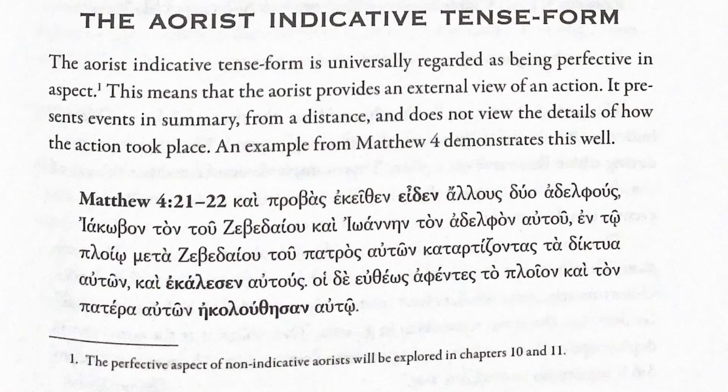Let's see how each group would explain the data. Campbell cites Matthew 4:21-22 as an illustration of aorists that do not view the details of how the action took place. He explains that the three aorists, eiden, saw, ekalesen, called, and ekoluthesan, followed, are summaries and not details.